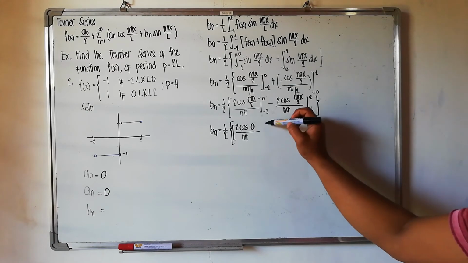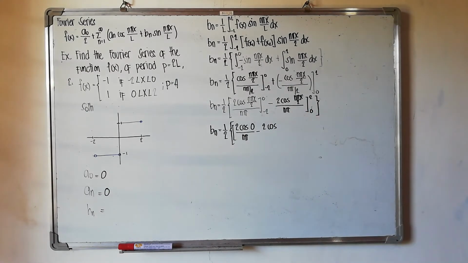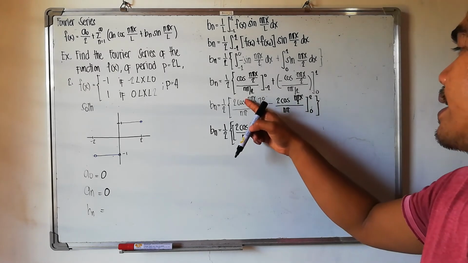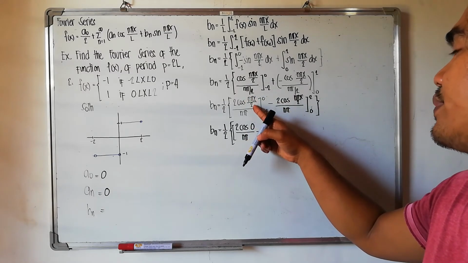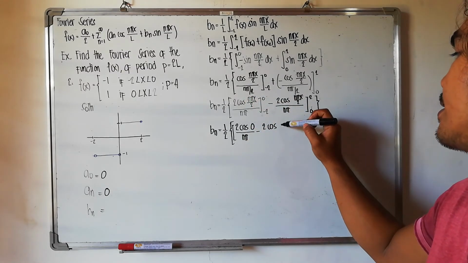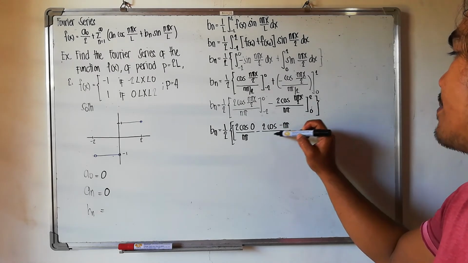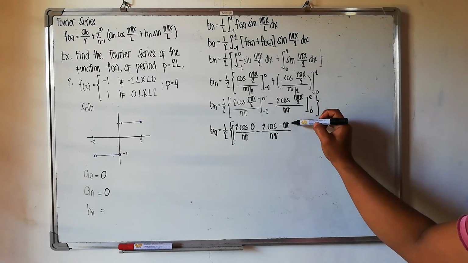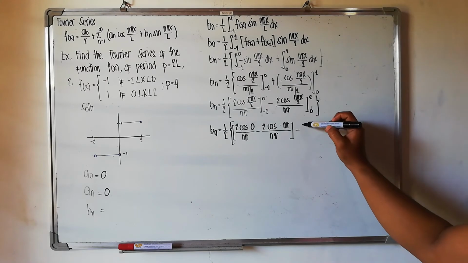So you have 2 cosine, so you have n pi times negative 2, so that would be negative 2 n pi, negative 2 n pi divided by 2, so that would be negative n pi, negative n pi divided by n pi, minus your second function.